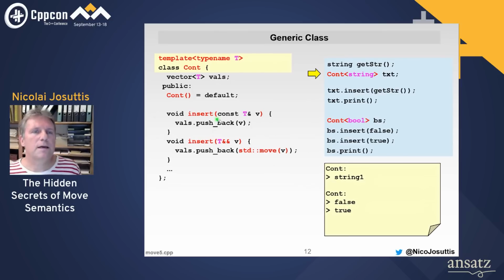So first of all, look at this slide. We have an overload for two insert functions. One for const L value reference, one for non-const R value reference. In principle, you can have two others. You can have one for non-const L value reference. Semantic meaning would be I have an output parameter or an in-out parameter.